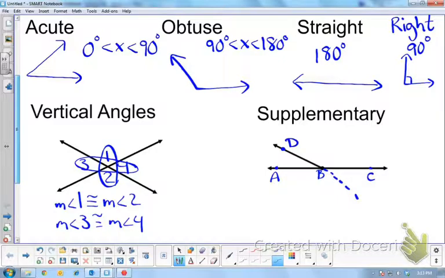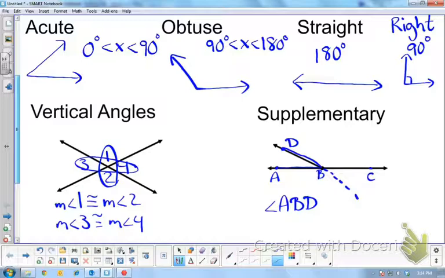So supplementary angles, if I said angle ABD, so when we label an angle, we start at the one point, travel along until we hit the second point, which in this case is B, travel along until we hit the third point, that's D. So we have angle ABD.